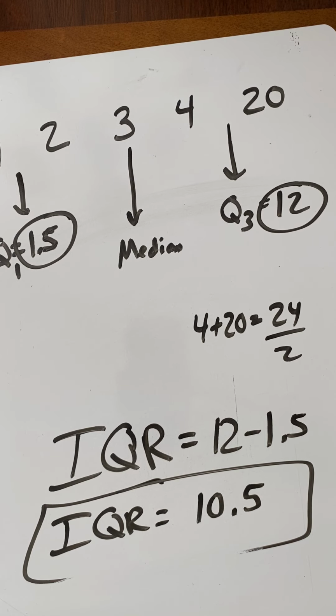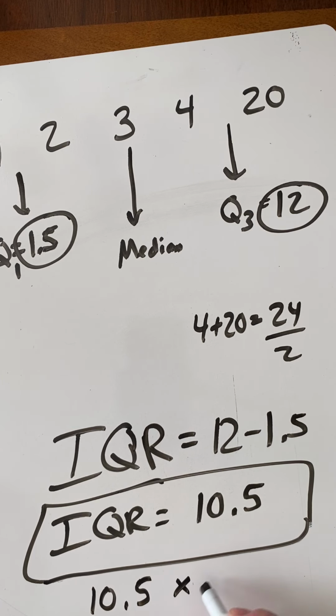And what you're going to do is you're going to multiply your interquartile range by 1.5. So I've got a 10.5, and I'm going to multiply that by 1.5. So 10.5 times 1.5, and that gives me 15.75.